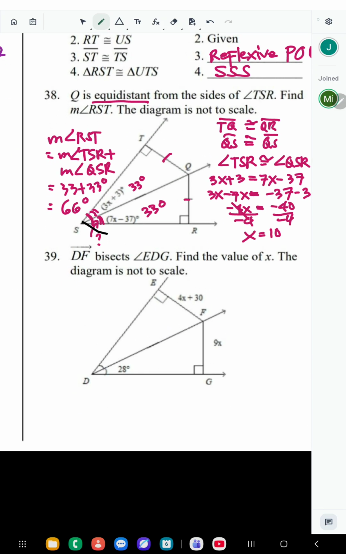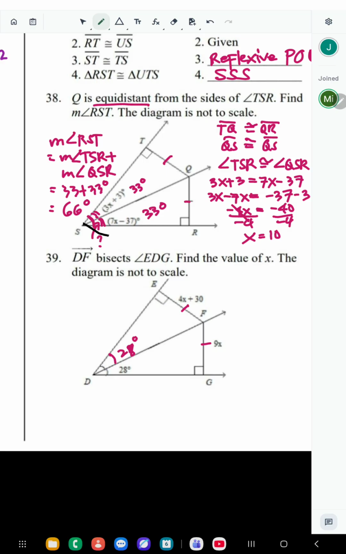Here. This is similar. So DF bisects EDG. Find the value of X. Right? Side EF is just congruent to side FG. Now we can solve for X. So that is 4X plus 30 equals 9X.